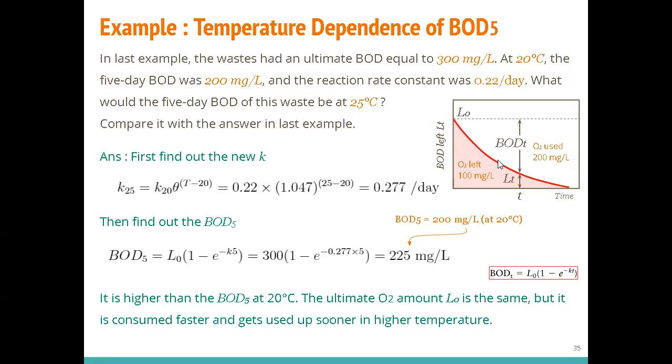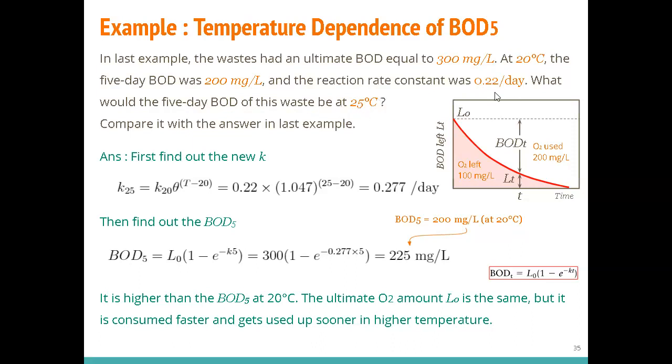So you have to be very clear about different terms in here in your exam. You will get confused if you don't remember, okay, because they all talk about dissolved oxygen level. Okay, and the reaction rate constant was 0.22 per day. So what would be the 5-day BOD of this waste at 25 degrees Celsius?